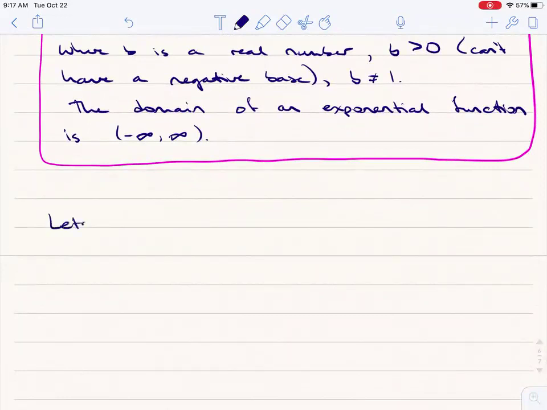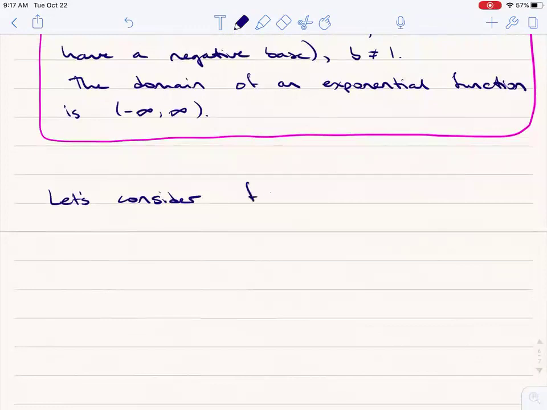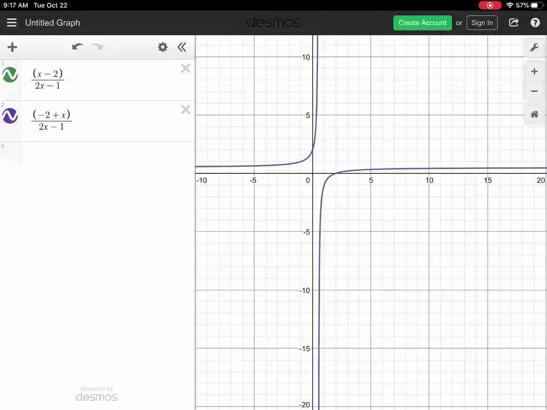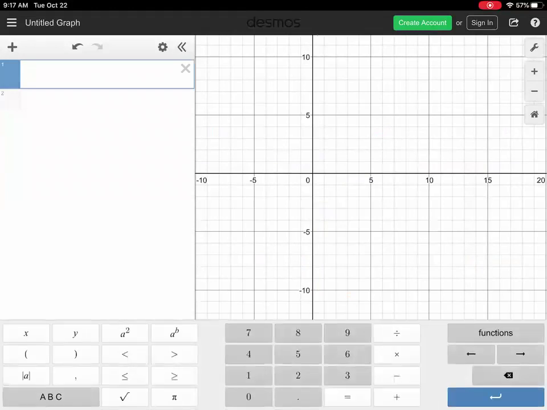So let's consider something kind of basic like f of x equals 2 to the power of x in Desmos, just to see what it looks like. 2 to the power of x, nothing crazy here, an exponential function with base 2. 2 to the power of x looks like this.